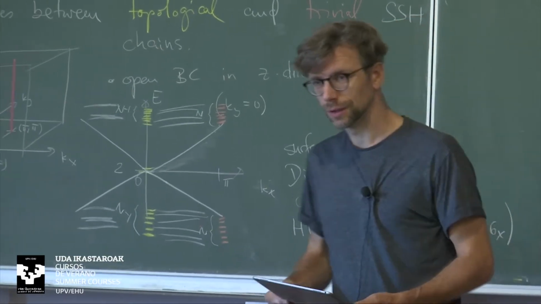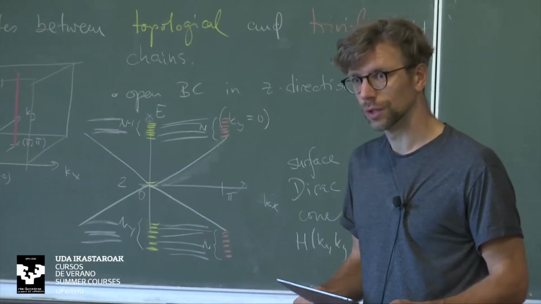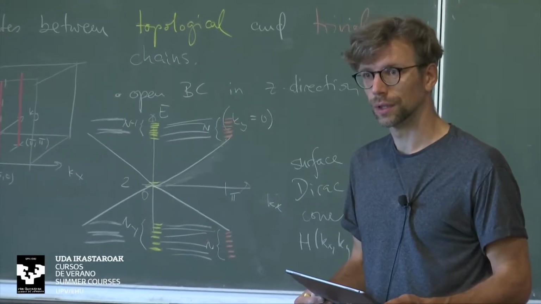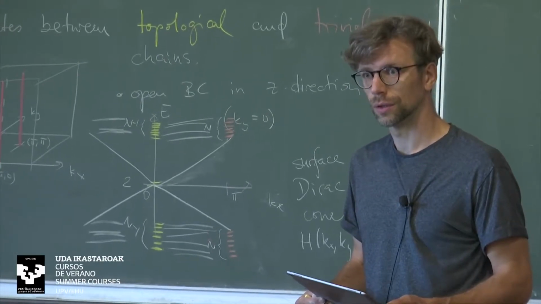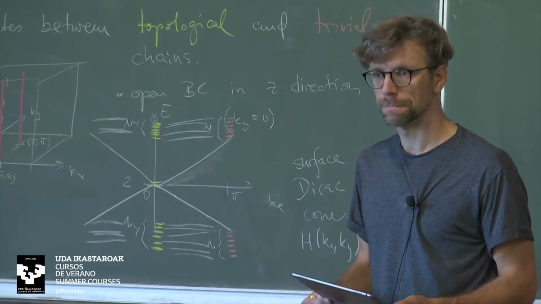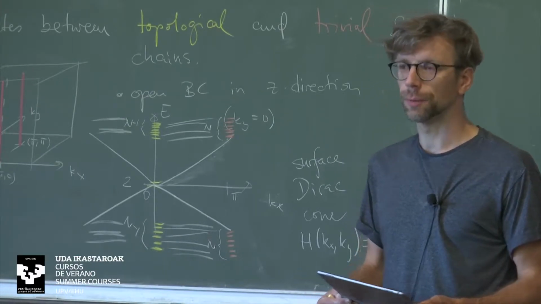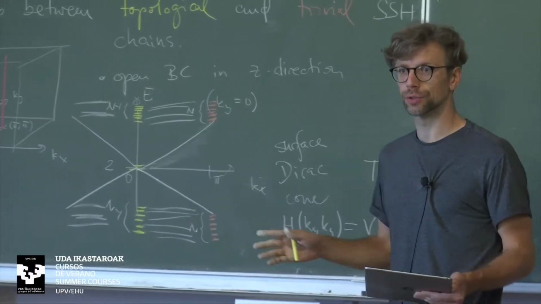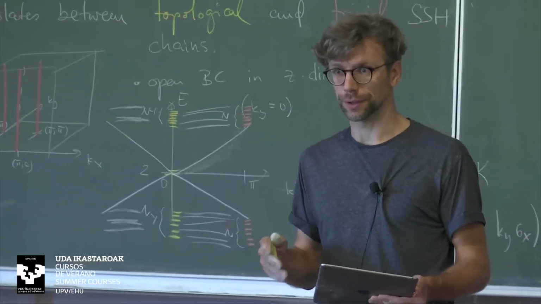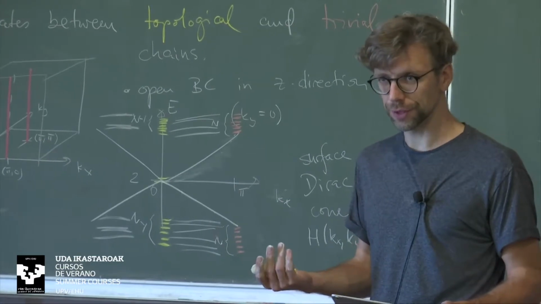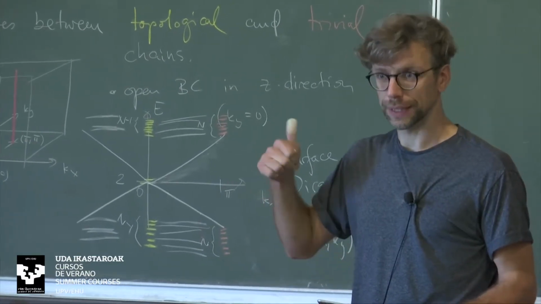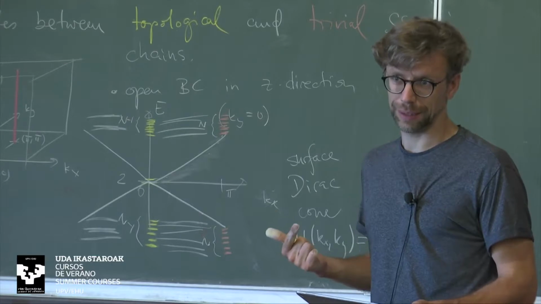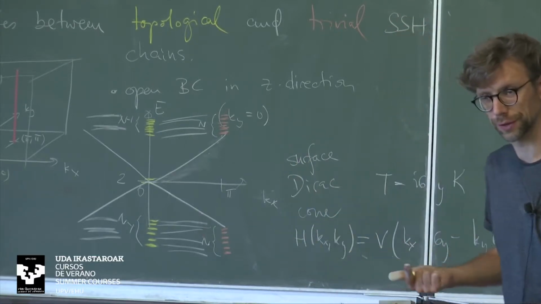But I have a question. Inversion and the chiral symmetry sort of ensure that we have these zero states in the first place. So suppose you have constructed the model like this, and now I allow you to do perturbations which break chiral symmetry and inversion symmetry, but do not break time reversal and do not close the bulk gap, so that I don't have a topological phase transition.